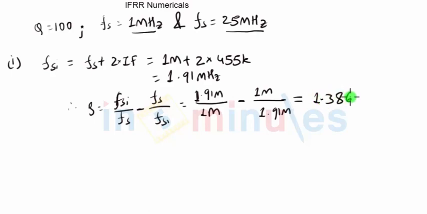Once we get the value of rho, and as the value of Q is already given, I can now calculate alpha.